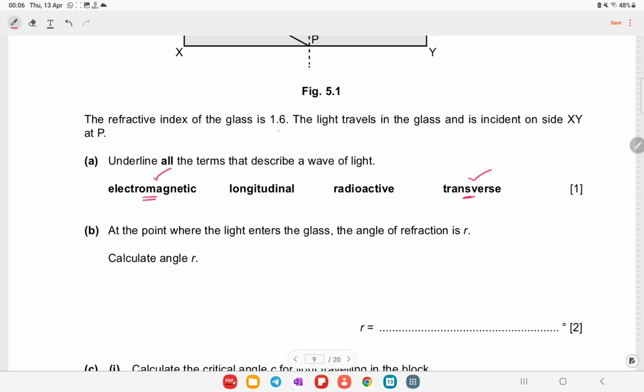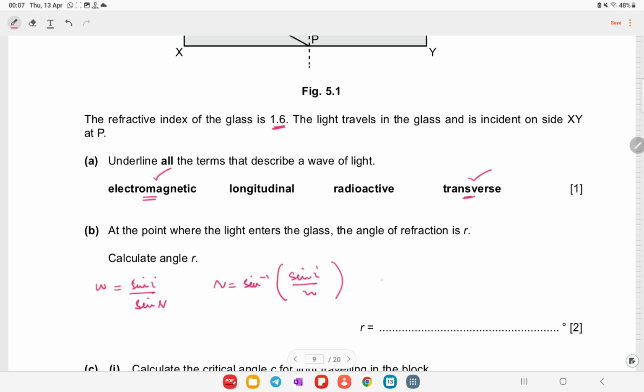The formula for refractive index is sine i over sine r. Here we need to find r, so r equals sine inverse of sine i over n.